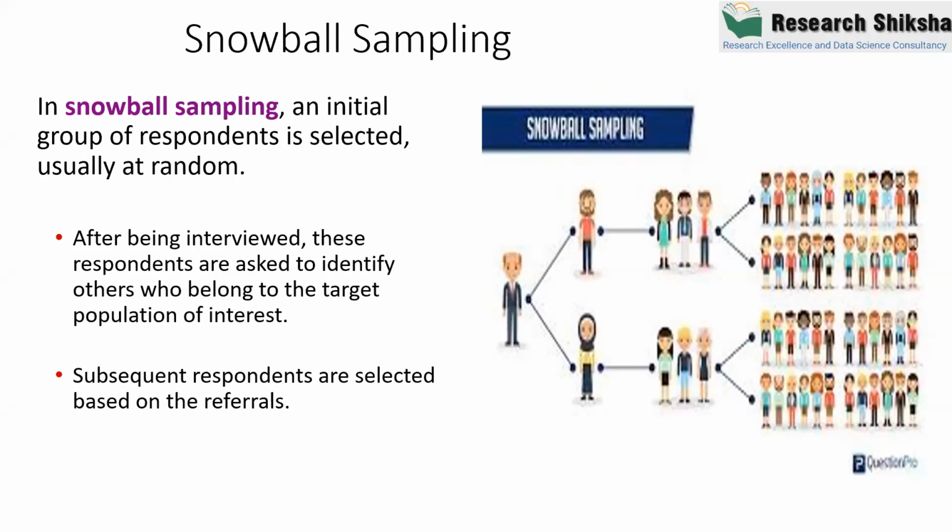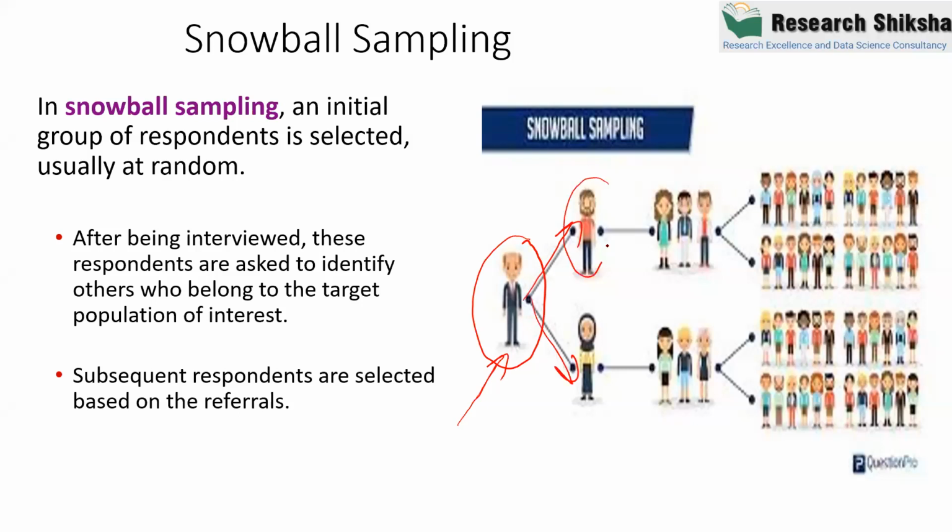Now what happens in the snowball sampling method is that you first find a person and take references from there. Like you can see in this example, this is the first person. You may know this person. You approach this person for data collection and ask for references. This person gives you two references, reference 1 and reference 2.